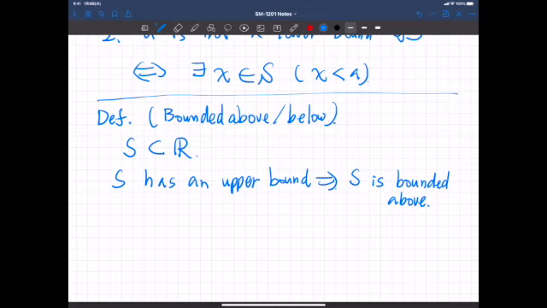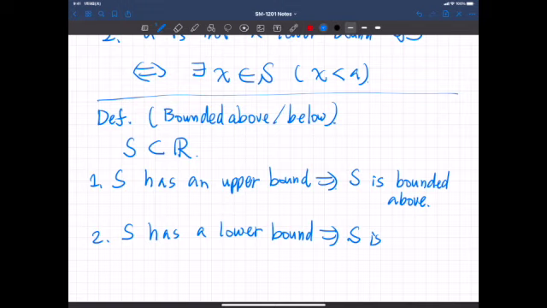Okay, so let's say this is 1 and 2. If S has a lower bound, we say S is bounded below.